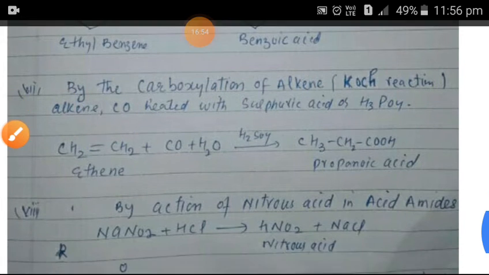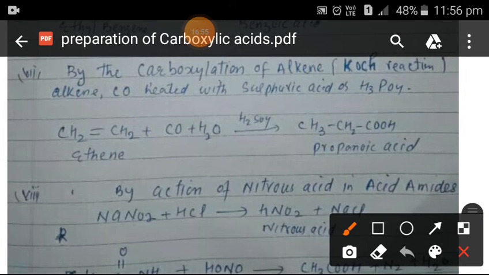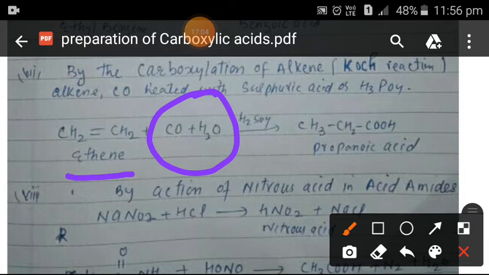The reaction is here: we have taken the reactant alkene in the presence of carbon monoxide and steam, that is water, in the presence of concentrated sulfuric acid, and it gives propionic acid.